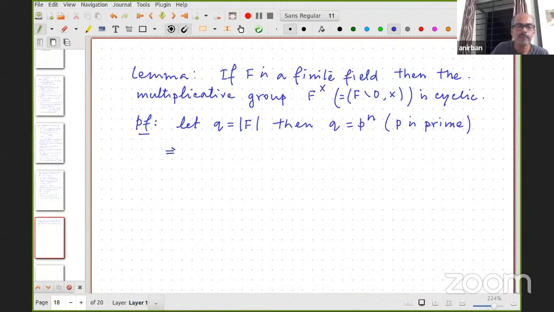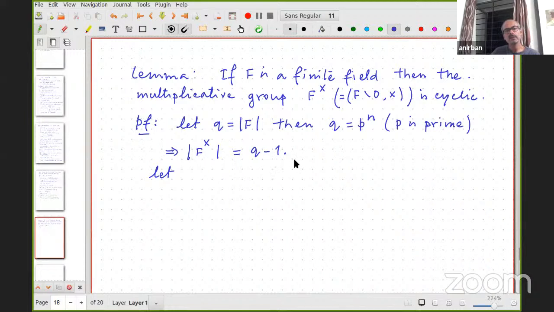So F, if multiplication, sorry, the multiplicative group has order q minus 1. So we simply want to say that there is an element in F multiplication which is of order q minus 1.